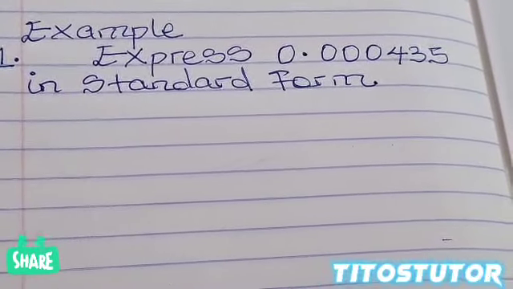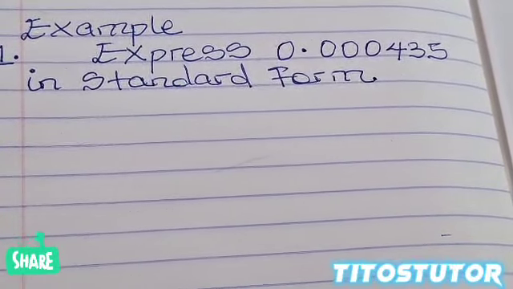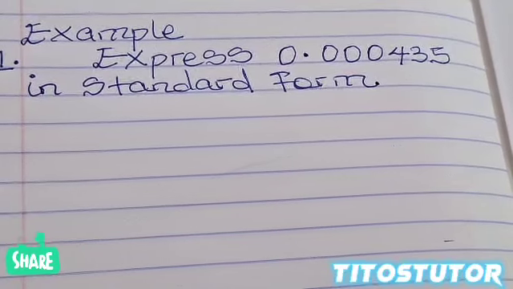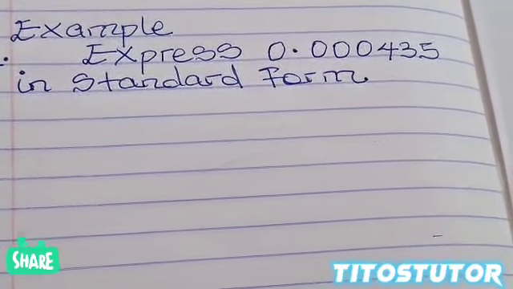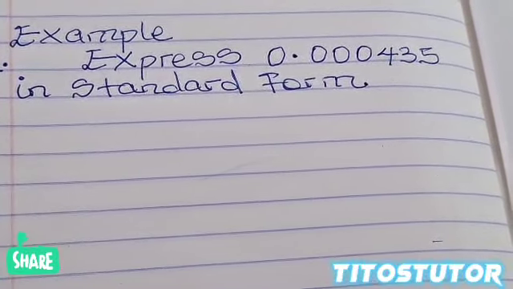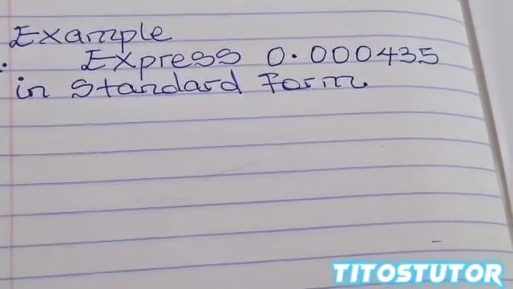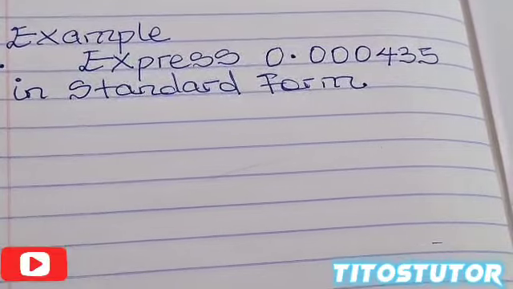Now, let's take our first example. Express 0.000435 in standard form. Here's the first rule to observe. When writing in standard form, your integer must always fall between 1 and 10.